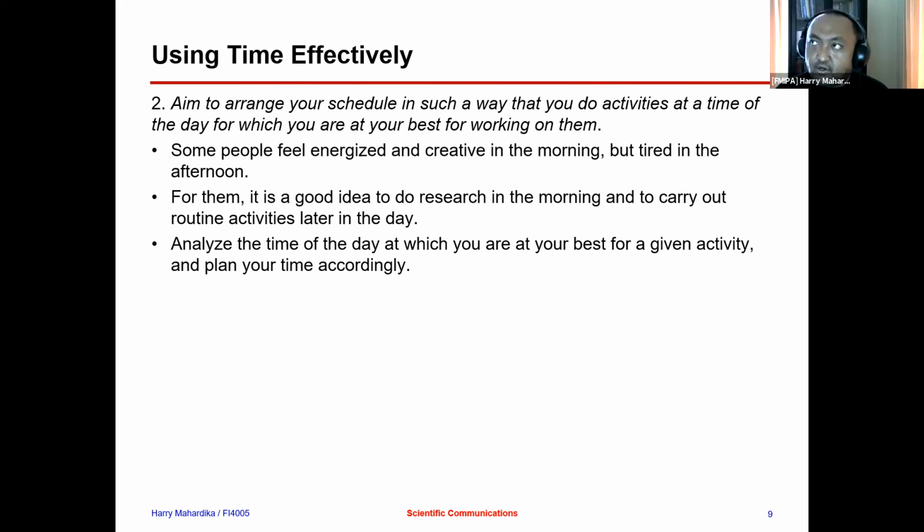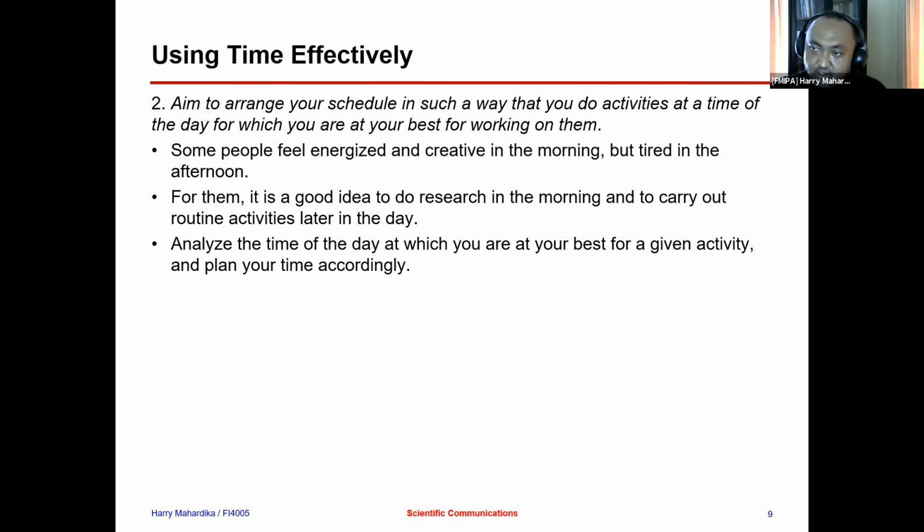So if our productive time is from 1 p.m. to 3 p.m., it means that we need to prioritize those things into that time. Or if it is 4 a.m. to 6 a.m., that needs to be done in that time period.